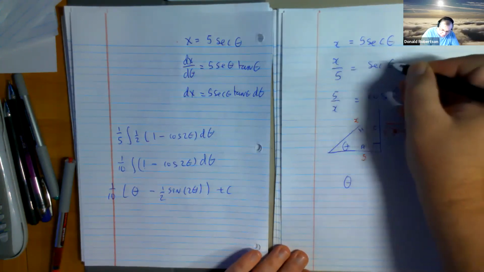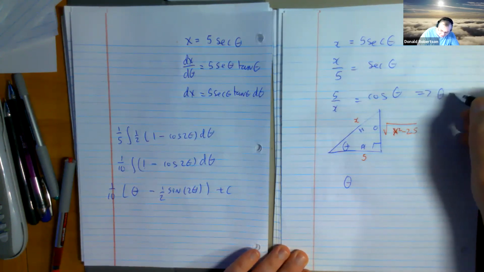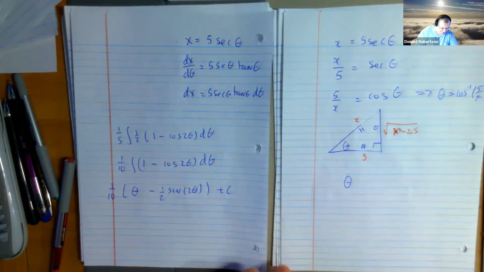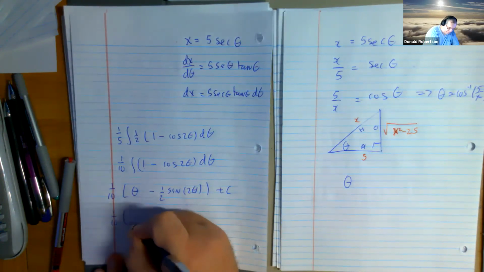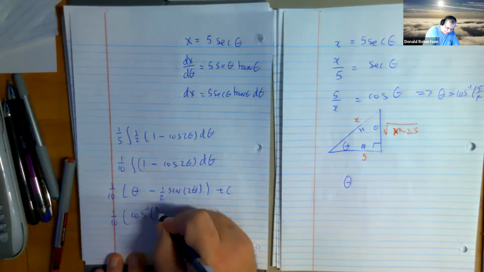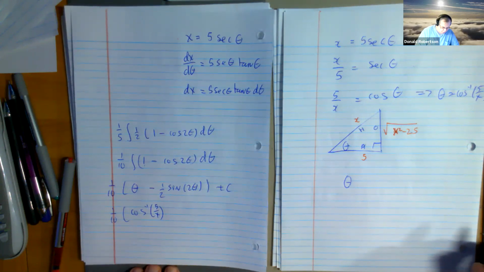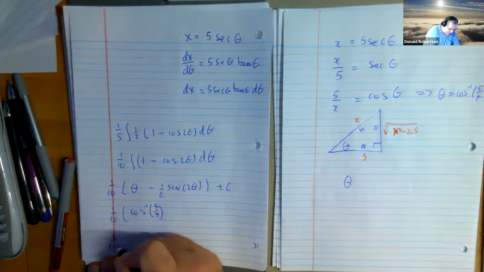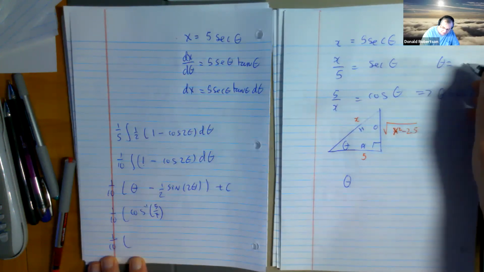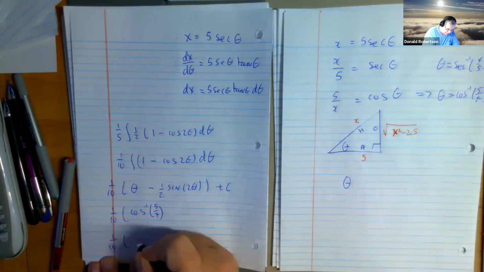Let's use this guy. That makes theta the inverse cosine of 5 over x. You could have also used this line here and said that theta was the inverse secant of x over 5, and that's the same thing.